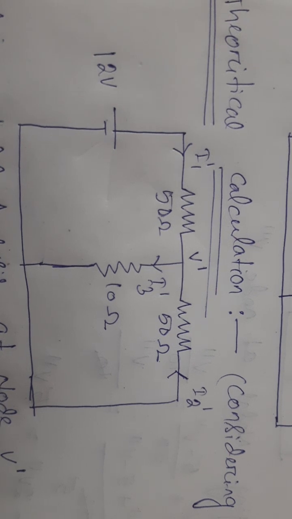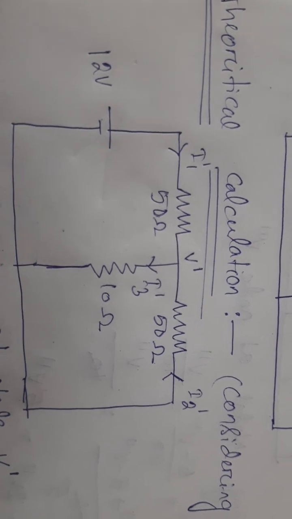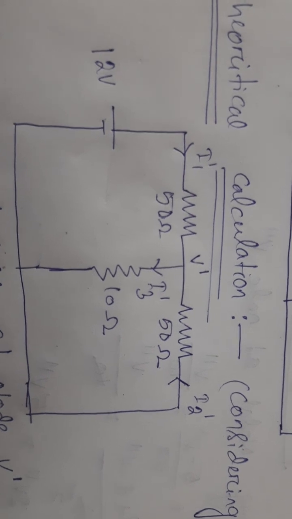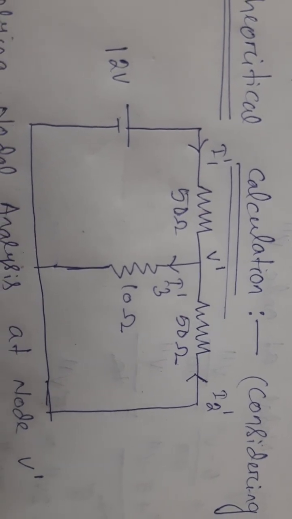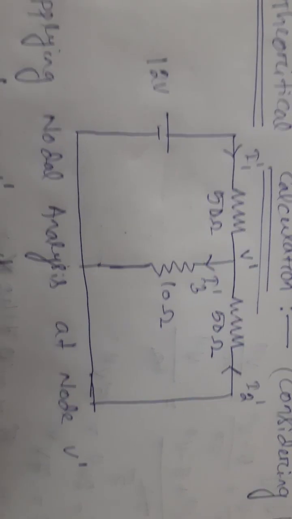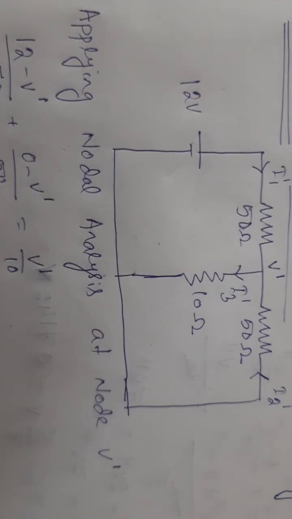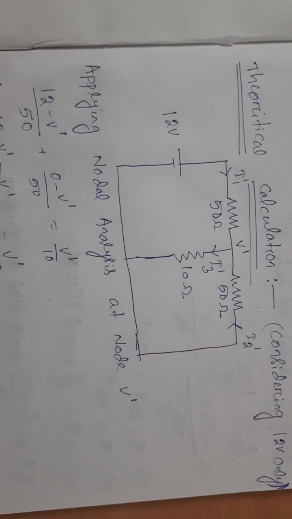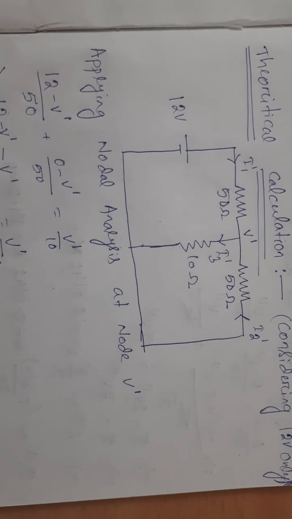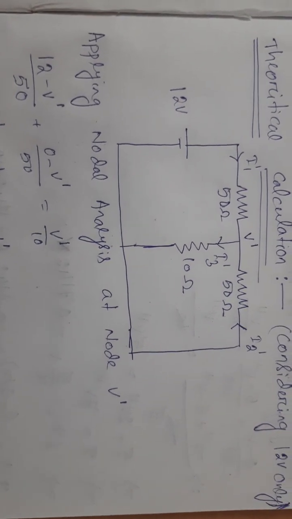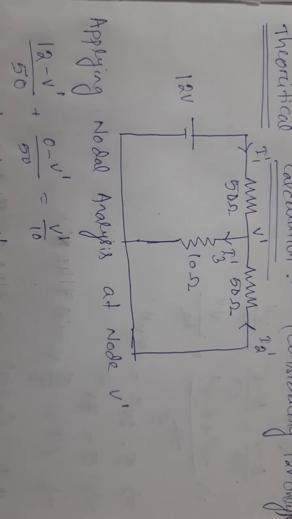As the 5 volt source is a voltage source and we are deactivating it, it is replaced by a short circuit. Now for the calculation of I1 dash, I2 dash, I3 dash, we are applying nodal analysis. The equation is (12 minus V dash) by 50 plus (0 minus V dash) by 50 is equal to V dash by 10.